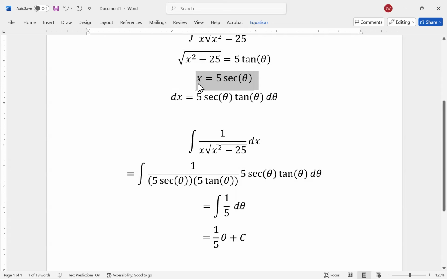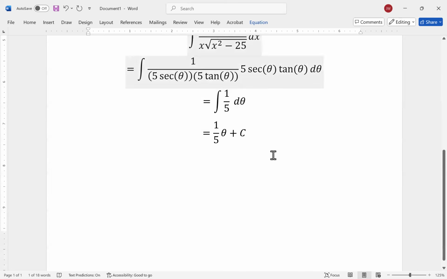Usually I take the one without the square root, the one with just the x or just the u. Since x is equal to 5 times secant theta, let me write that down over here. X is equal to 5 times secant of theta.